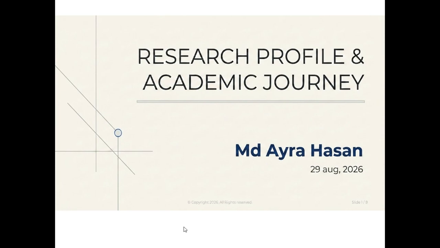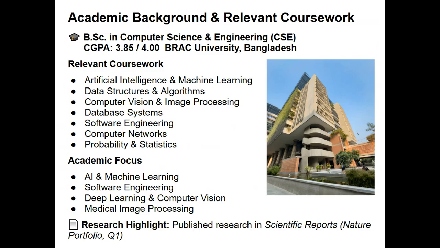In this slide, you can give a title and then your name, or you may add a date, and then it comes to your academic background or relevant coursework. You can add your school and college results, your university, your degree, like computer science engineering or any other degree, then your CGPA.